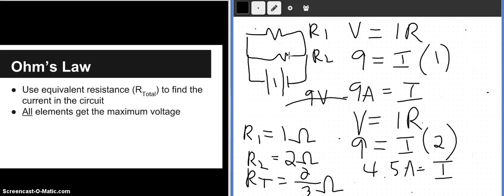Knowing that all the elements get the maximum voltage, you can find the current for each resistor, and then you just need to make sure that they add up to the total current. So we used the 2/3 to figure out that the current was 13.5. We used each individual resistance to find the individual currents, and then they should add up to 13.5, which they do.